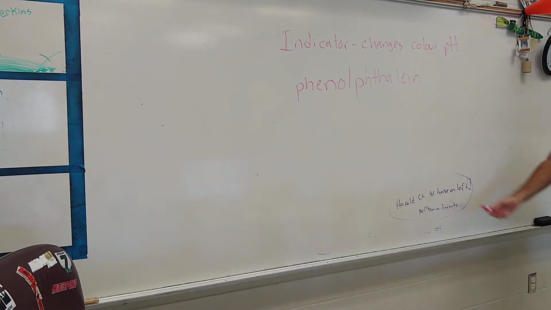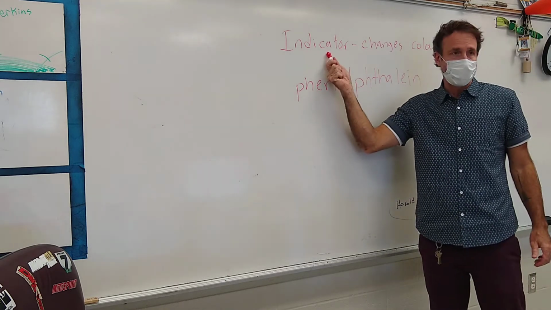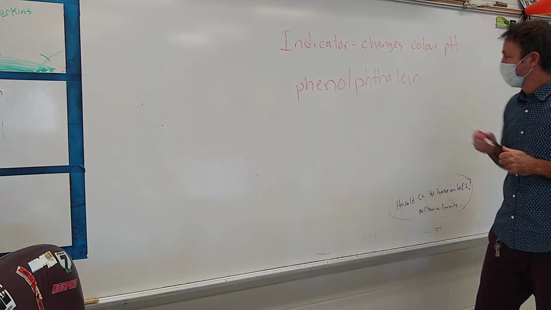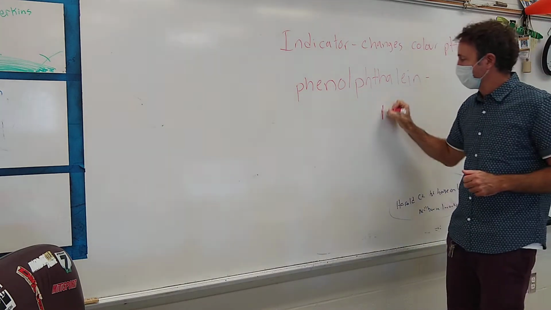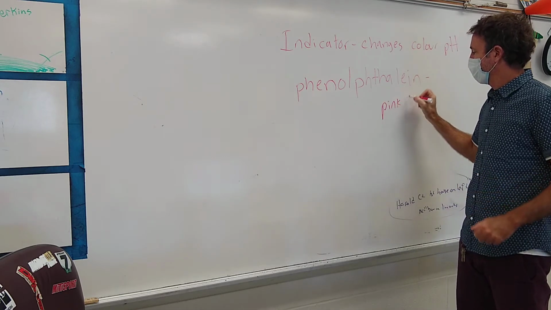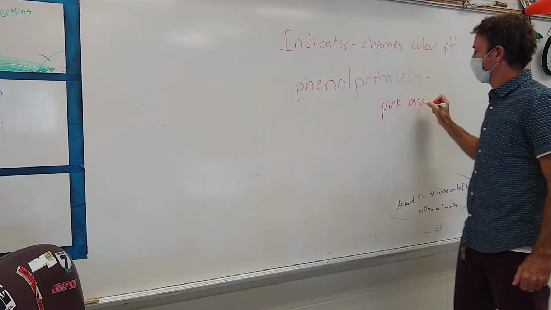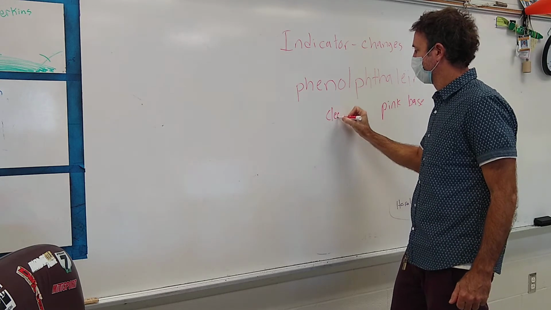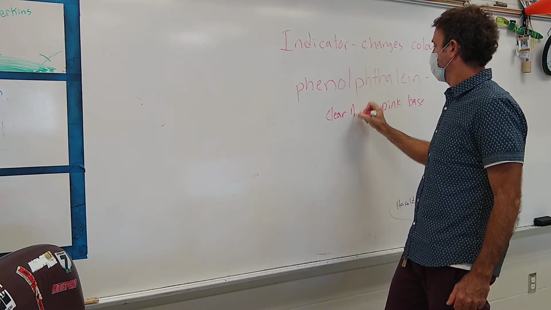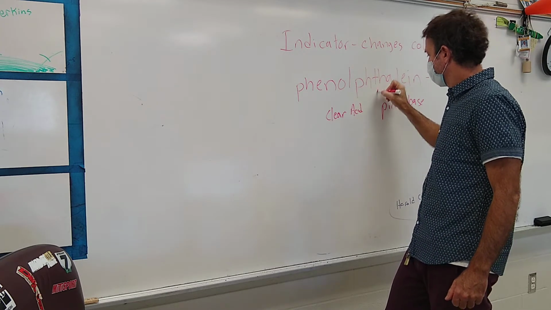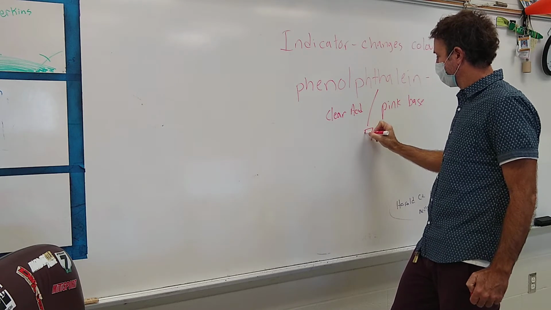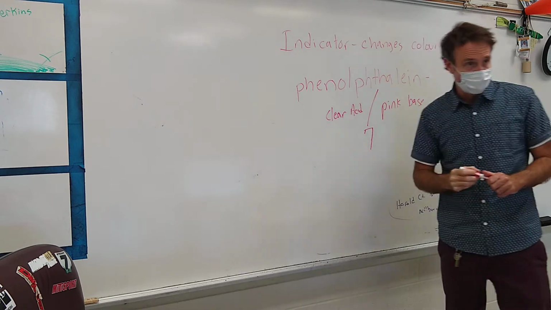All right? Phenolphthalein is an indicator that we use, and it is pink in a base, and it is clear in an acid. So it changes color perfectly at 7.